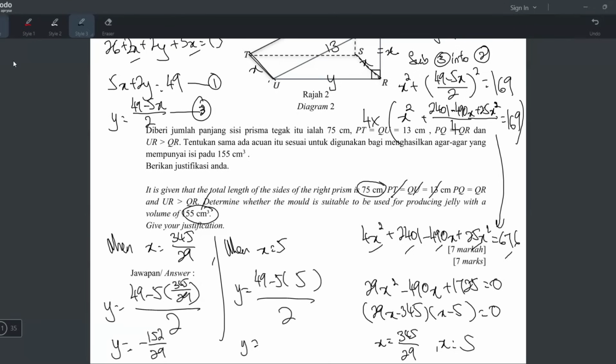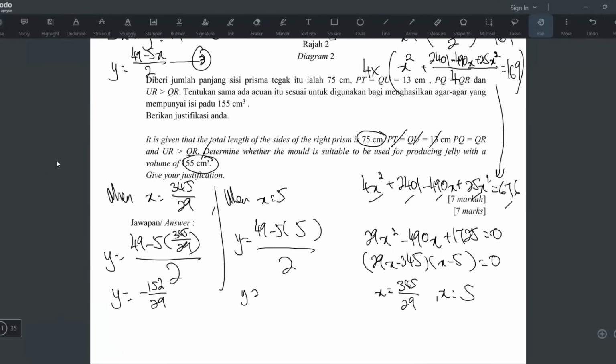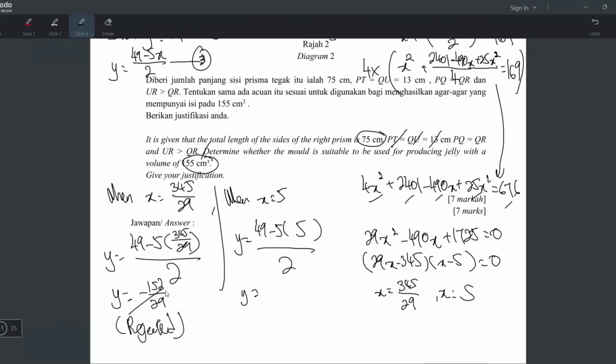But y is actually the panjang. So panjang tak boleh ada negative. So automatic yang ni reject lah. And when you reject this y answer, it means the x cannot be this also. So this set of answer tak boleh ambil. But I recommend you show the working also. During the exam, tunjuk juga working.